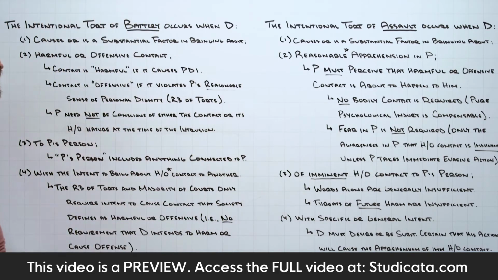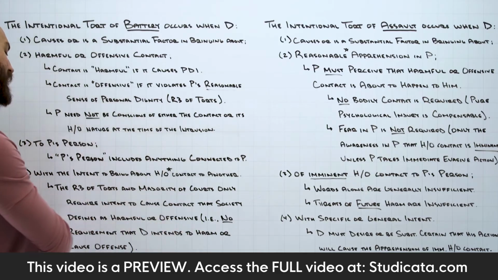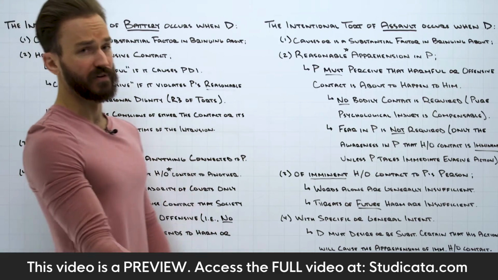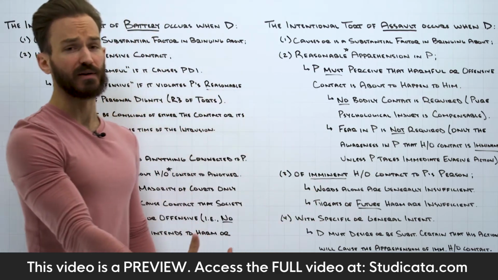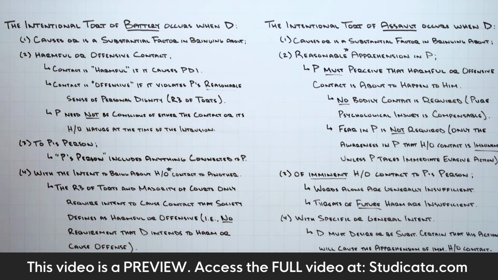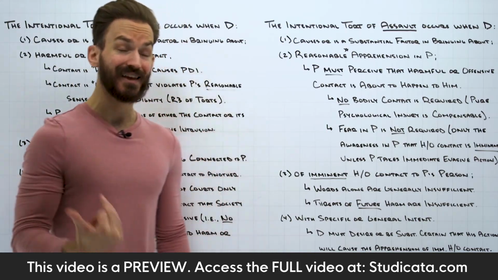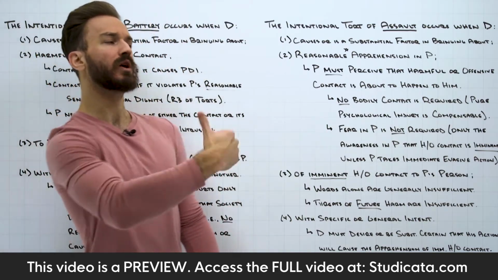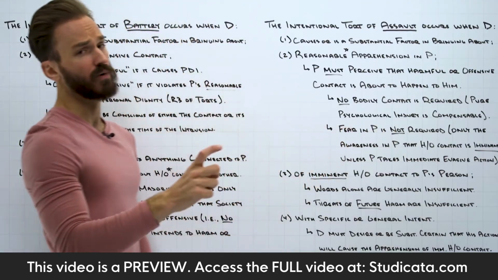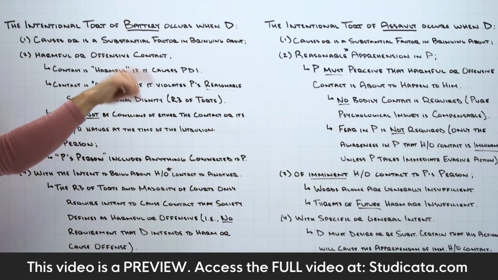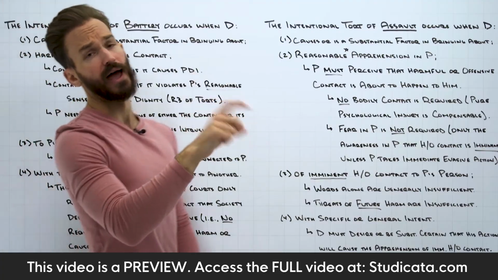What we're really saying is, did the defendant have the intent to bring about contact that society defines as harmful or offensive? At least this is the third restatement of torts approach and what the majority of courts are going to adhere to. So we look at that intended contact and we say, would society define this as harmful or offensive? So take the Good Samaritan tapping the shoulder hypo.